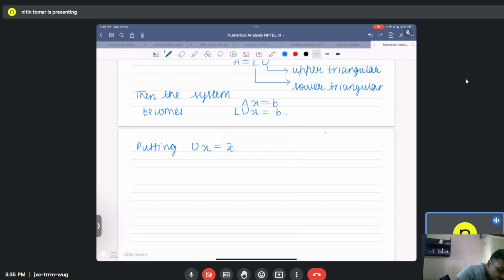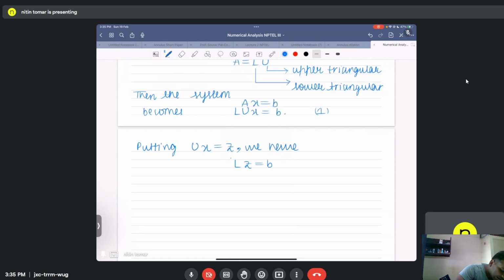Yes, sir. U is an n cross n matrix and x is an n cross 1 vector, so its product will be n cross 1, right? So again it will be a vector. Let this be equation 1. We have Lz equal to B. Am I correct?